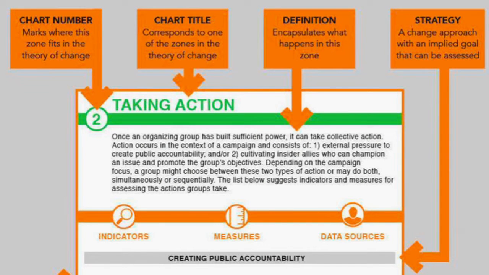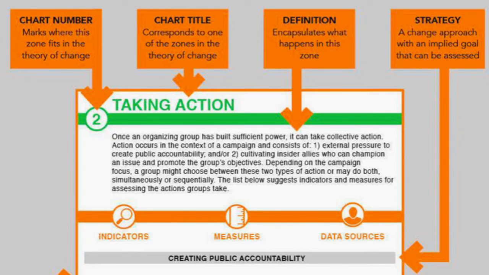On every chart, first you'll see a number in the left-hand corner, which tells you the step of the process you're looking at. Then you'll see the title, which tells you the name of that process, and under that a very short definition of the process. Under that, in a gray line, is your strategy.